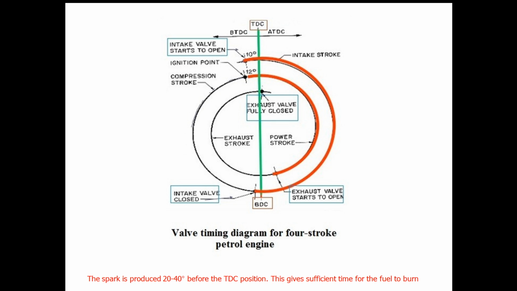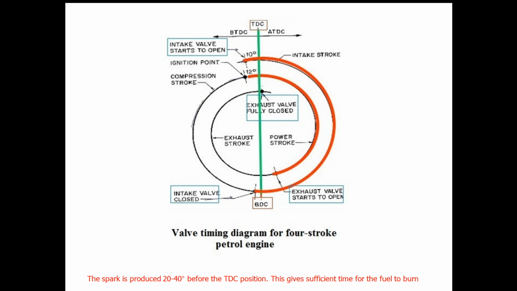From the cut section of an engine, you can measure these crank angles and plot them on paper, and you can get the actual valve timing diagram. The theoretical valve timing diagram is very simple. The closing as well as opening of the valves will be at the dead centers. So here what I am going to explain is how to plot the actual valve timing diagram.